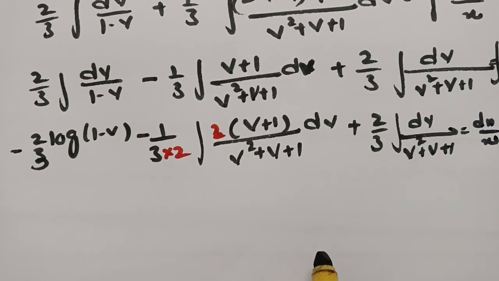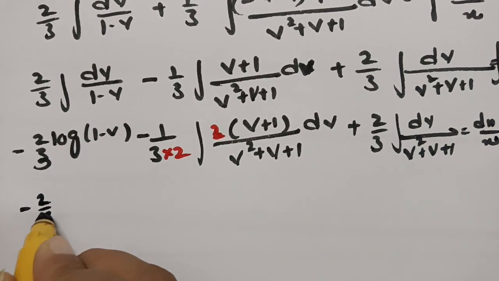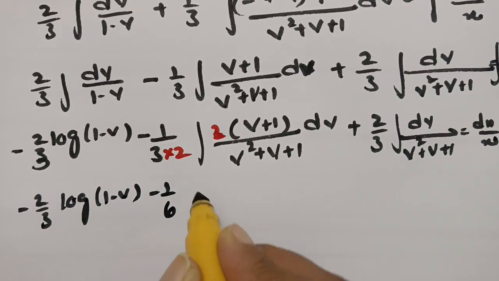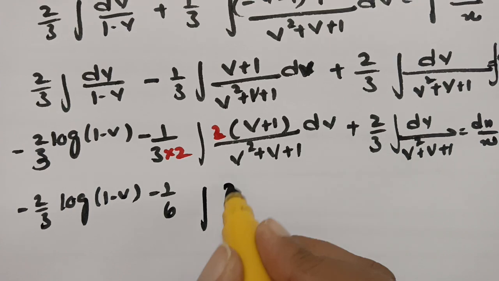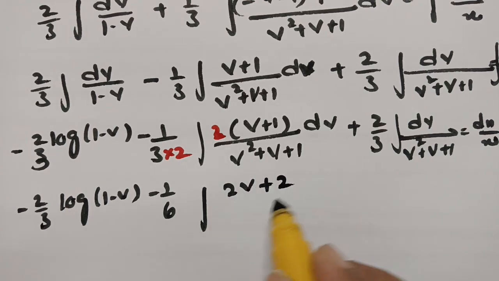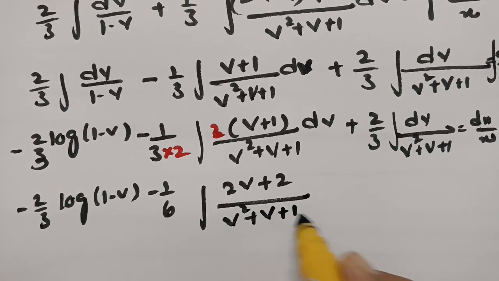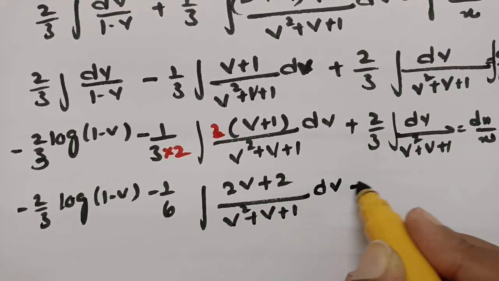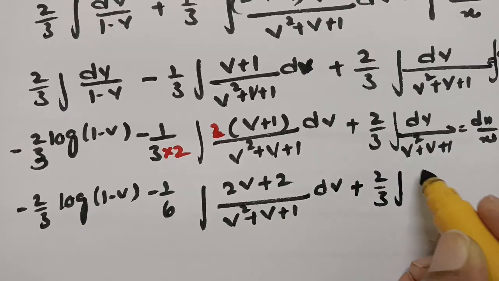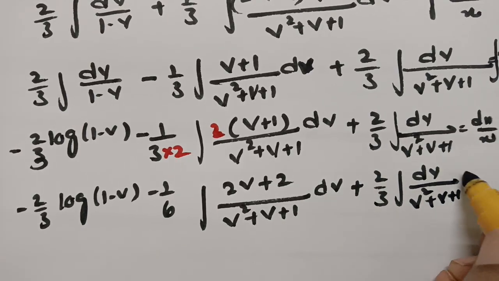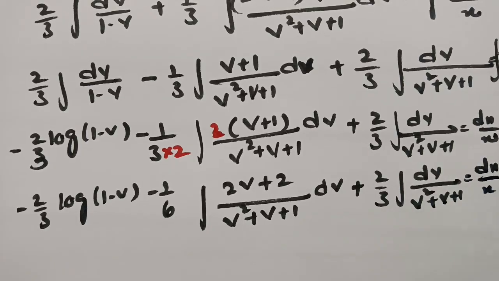And now see here, this is 2 by 3 times of log (1 minus v) is the answer. This is minus 1 by 6 integral (2v plus 2) into (v square plus v plus 1) into dv, and this value is 2 by 3 times of dv by (v square plus v plus 1), which is equal to dx by x.